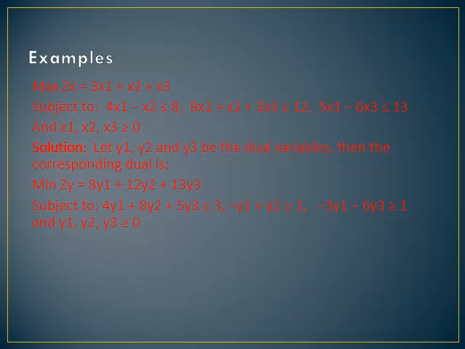This second constraint contains two variables because there is no x2 in the third constraint.